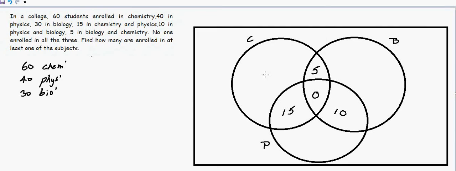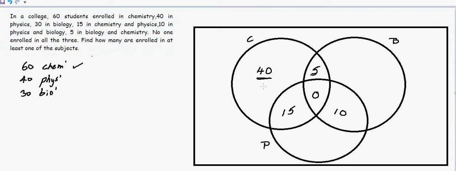So now filling the rest of it is a piece of cake, because we know that 60 studied chemistry. So we have 5 here that studied chemistry, and we have 15 here that studied chemistry. So we've already got 20. So 20 from 60 means that 40 did chemistry alone.